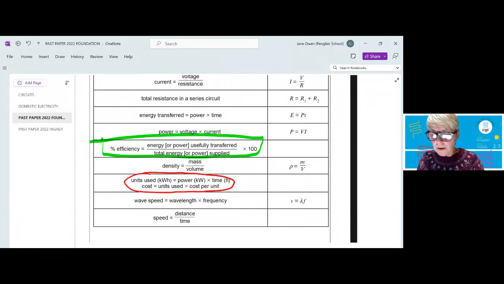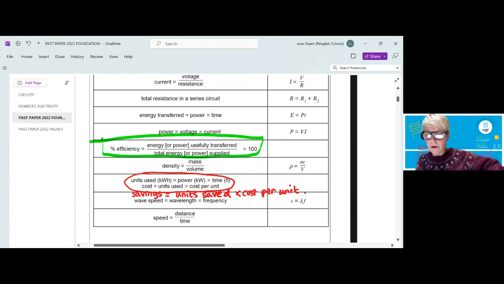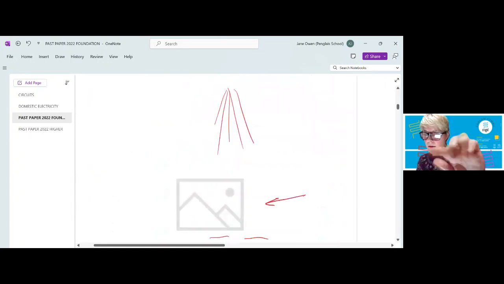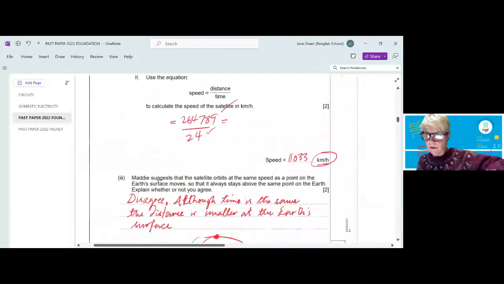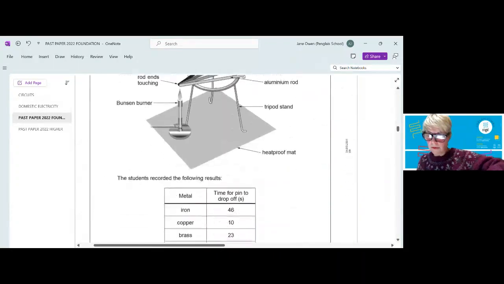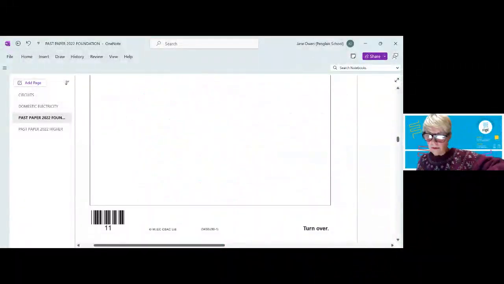But we might as well add another little thing here and put savings is equal to units saved, as opposed to using, times by the cost per unit. So you're flipping that equation on its head. Okay, we're using the same one, but we're going to be using that. So let's carry on going down. All right, there we go.